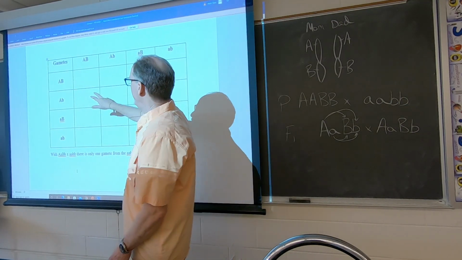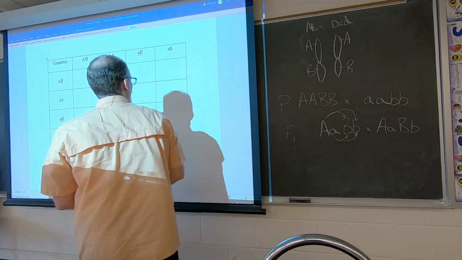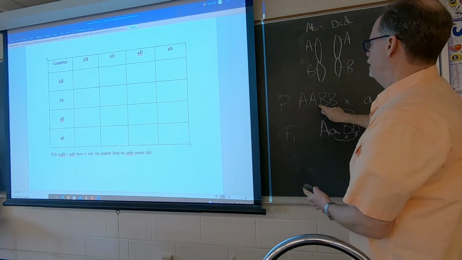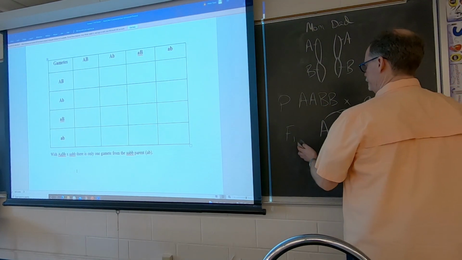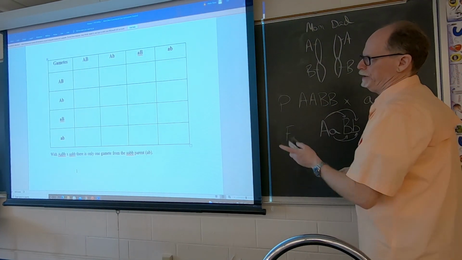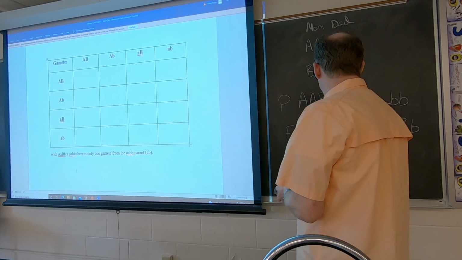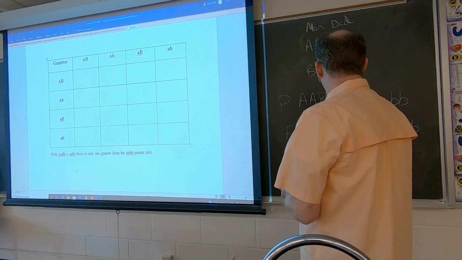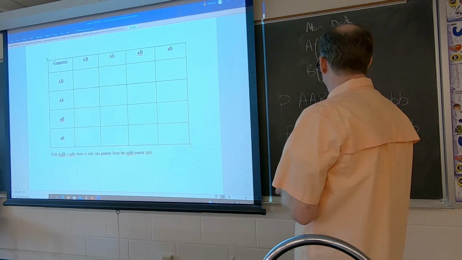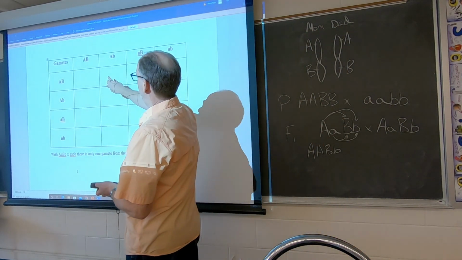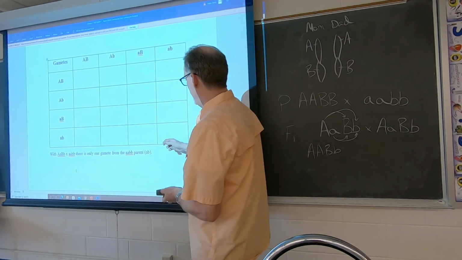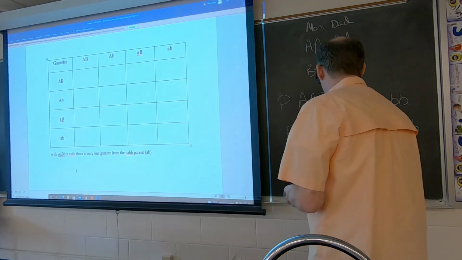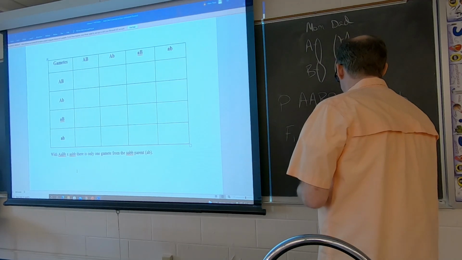When you fill in this square, you get big A, big A, big B, big B. The next square you would get big A, big A, big B, little b, and that would go in this square. Now in this square, you get little a, little a, little b, little b.